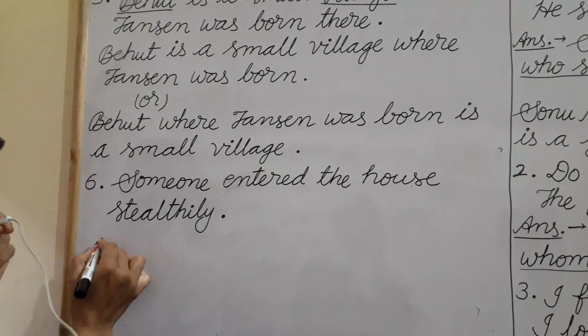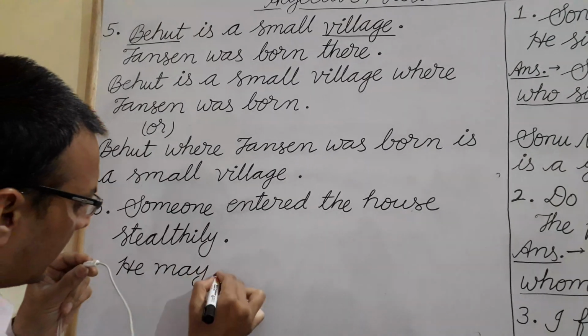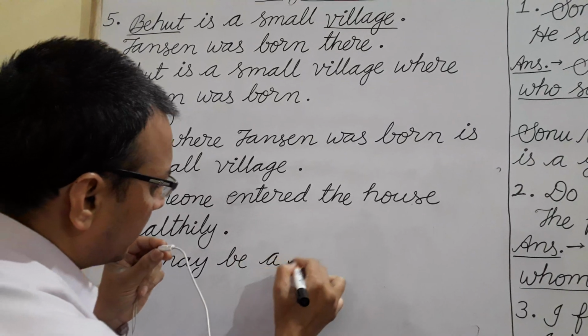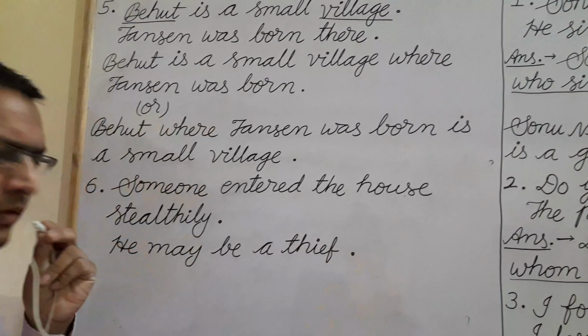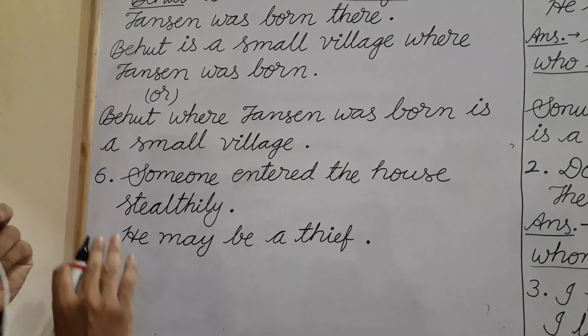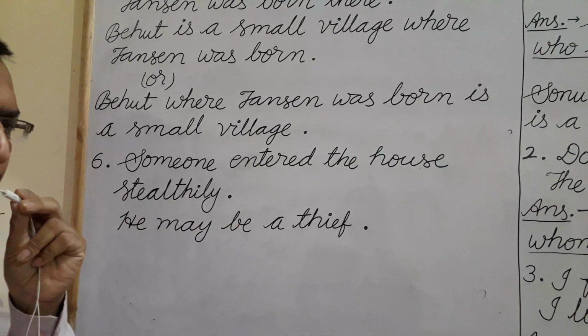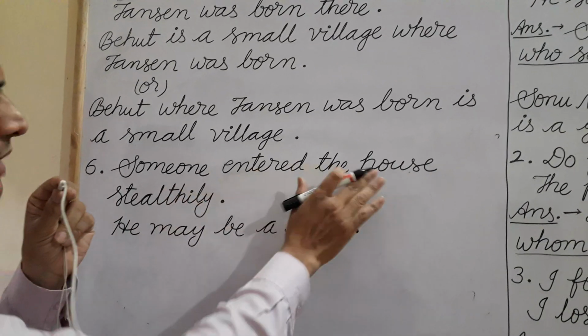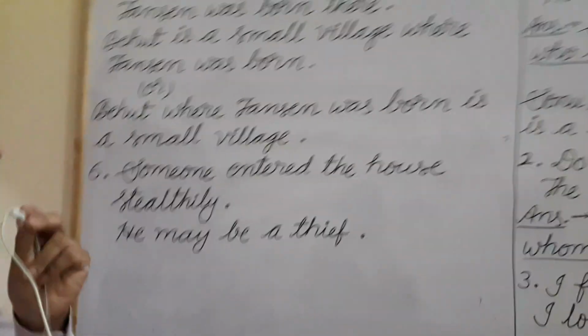Someone entered the house stealthily. He may be a thief. So we have written example number 6. Someone entered the house stealthily means in Hindi कोई मकान में चोरी छुपे घुसा. He may be a thief, वो चोर हो सकता है.